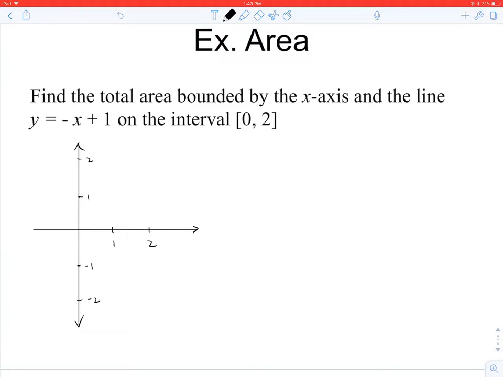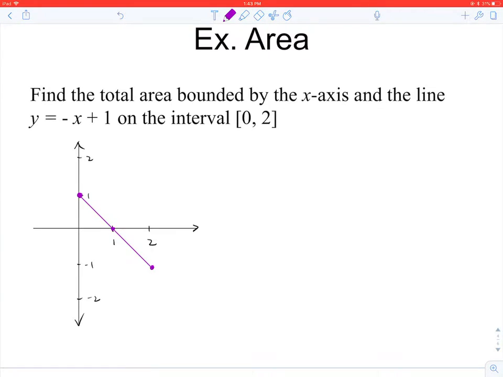Okay, so this is the line that has a y-intercept of 1 and then a slope of -1, so I'll go down 1, right 1 to find the next point, down 1, right 1. And the line is only defined from 0 to 2.